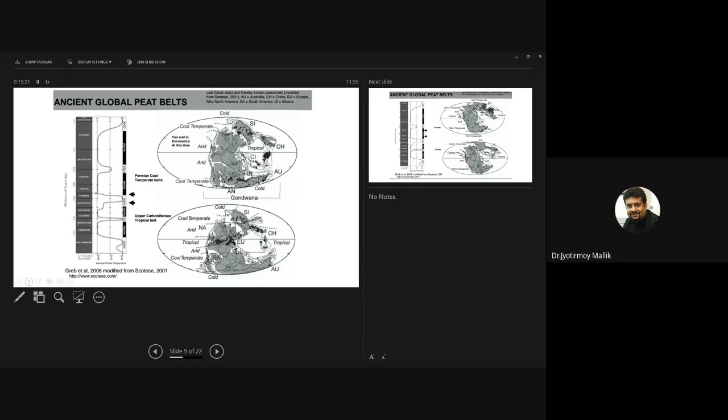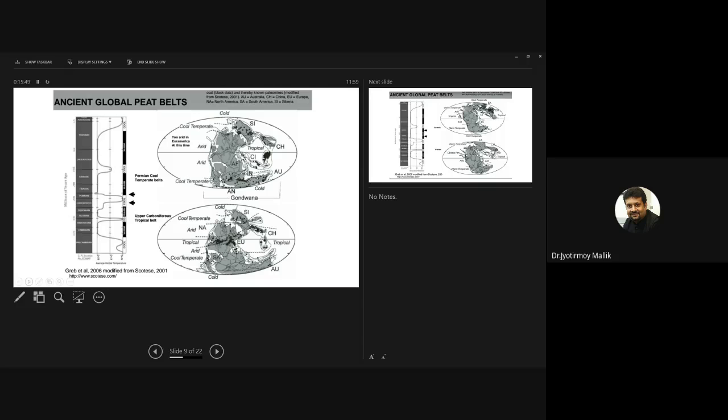So ancient peat belts. How do you know where the ancient peat belts were? You just look at today's coal deposits, right? Whatever coal deposits are present today were your ancient global peat deposits.